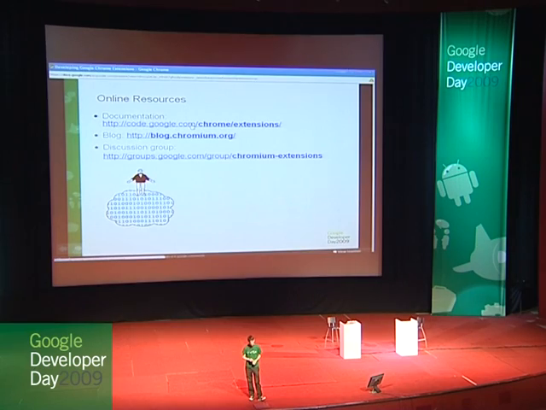So we want to be very careful with what we pick to release. We're continuing to iterate and add more APIs. Context menus, I think, is something that would make sense to have in the extension system eventually.